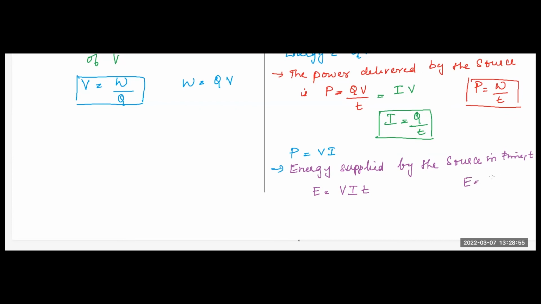This energy is utilized for heating the resistor.